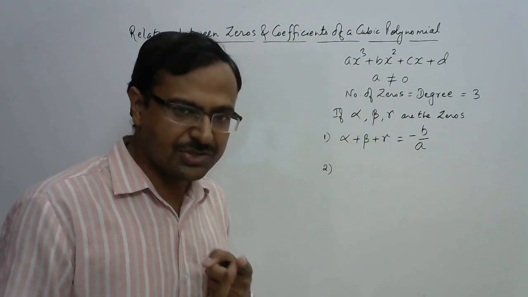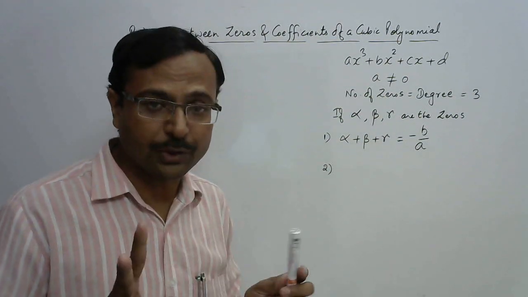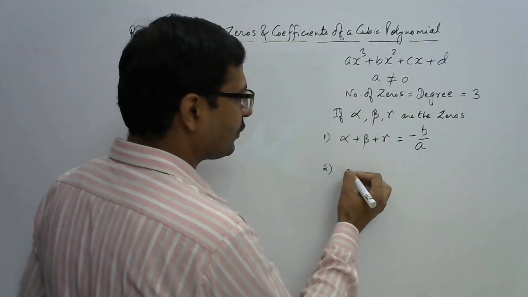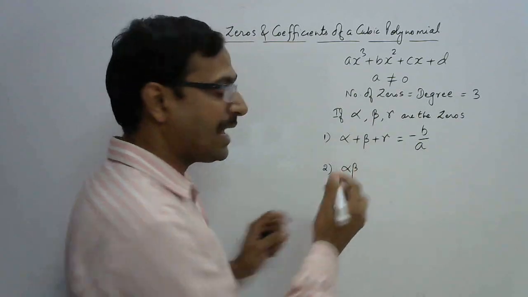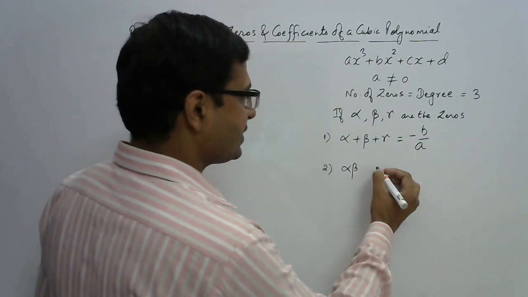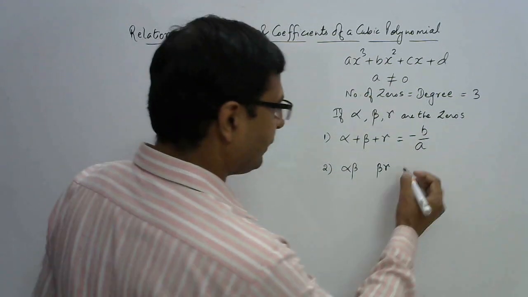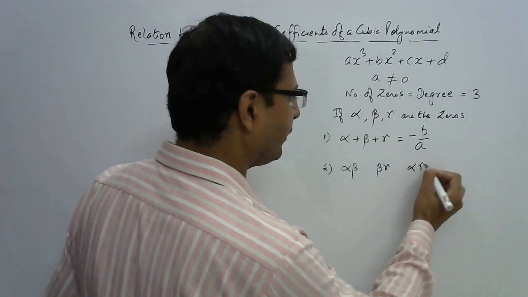In this relationship, we will be taking the product of two zeros in pairs. Like there are 3 zeros, so we can have 3 products. Like first is alpha into beta, another one can be beta into gamma, and the final one can be alpha into gamma.